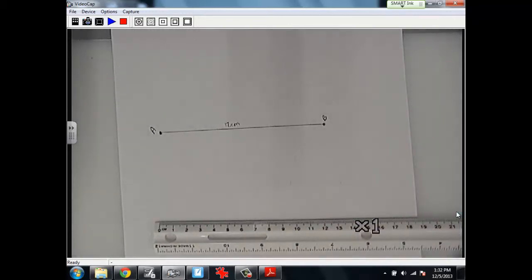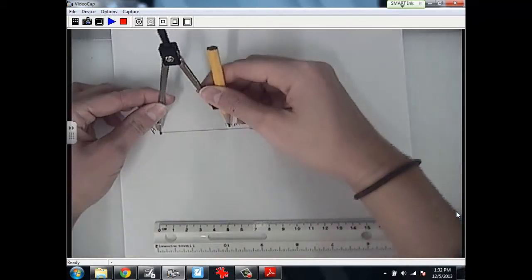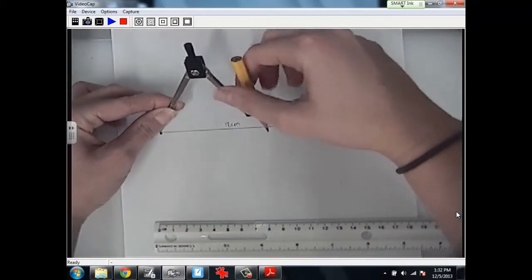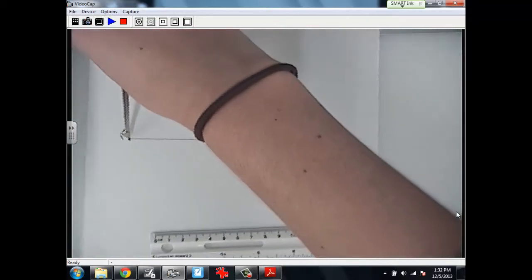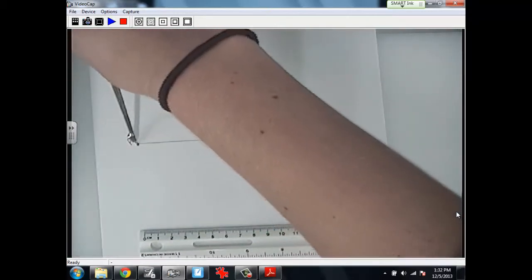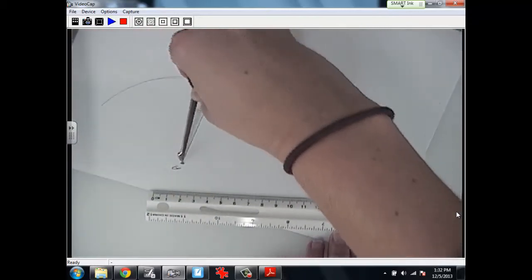So what do I do? I take my compass. I put the pointer at A. I open it up to more than halfway. And then when I hold it up here and I move my paper, I can make this half circle. Oh, and see, I slipped again.